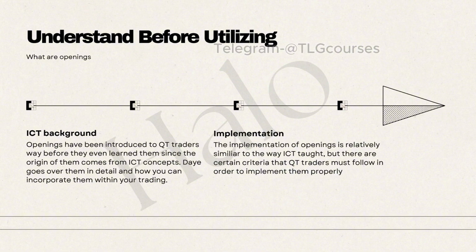They'll look at the 10 a.m. 4-hour candle, right? Because the bulk of the distribution is made at 10 a.m., or in that 10 a.m. 4-hour candle. So these are all things that you guys must understand. That is a little bit different with quarterly theory than what it is with ICT and his concepts, right? You're utilizing the openings, but I'm going to show you guys how to do it right now.